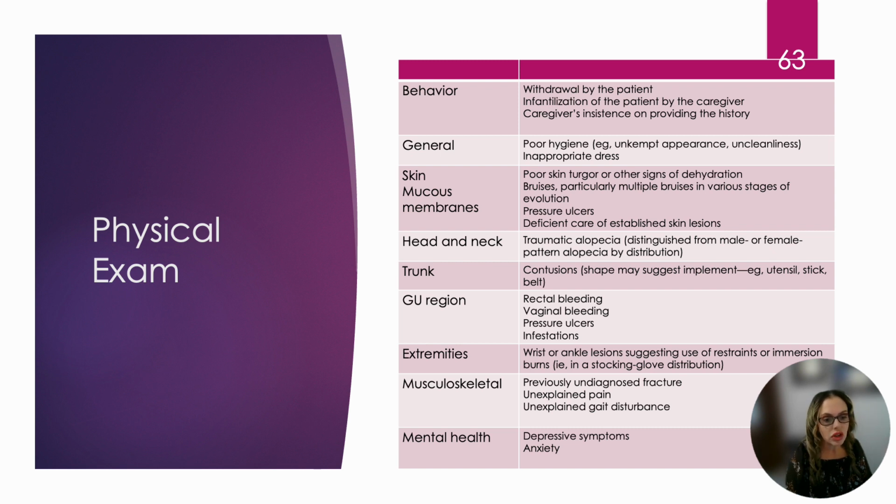Contusions that may suggest that they have been hit by a belt or a stick. There could be rectal or vaginal bleeding. There may be ligature marks on the ankle or wrist. And then there could be previously undiagnosed fractures, like they come in with a wrist fracture and now there's a clavicle fracture. And they may show new evidence of depression or anxiety.